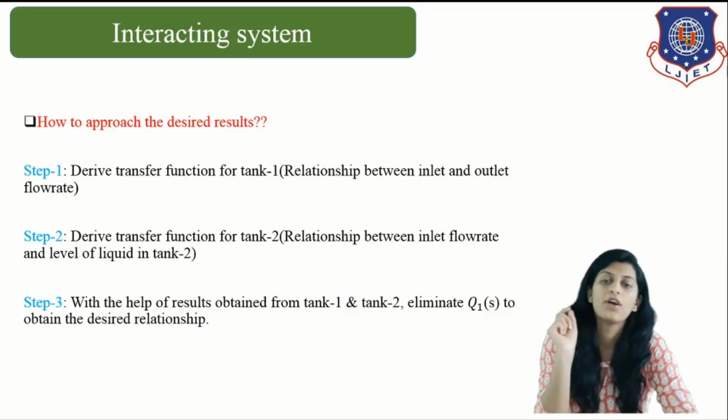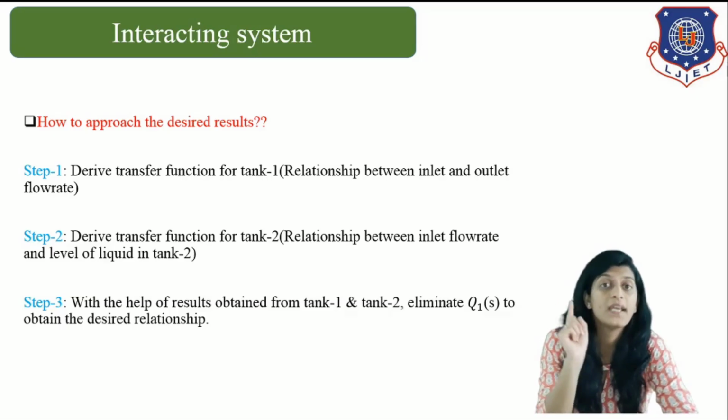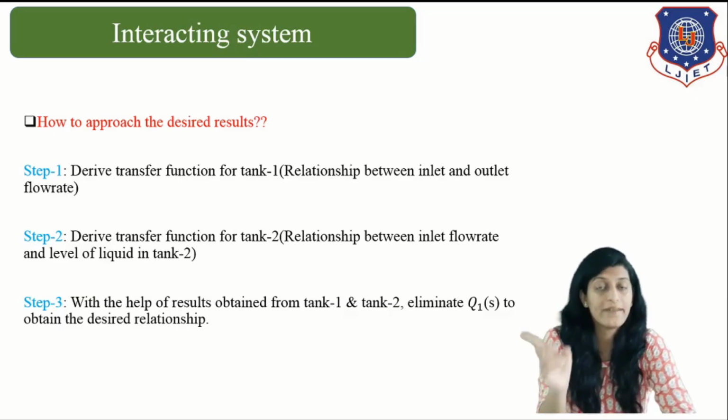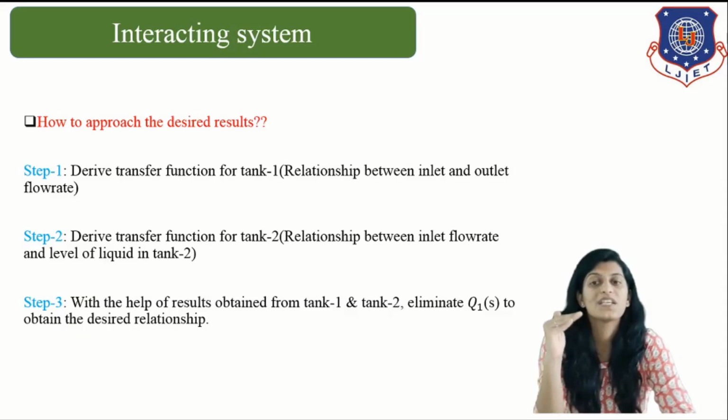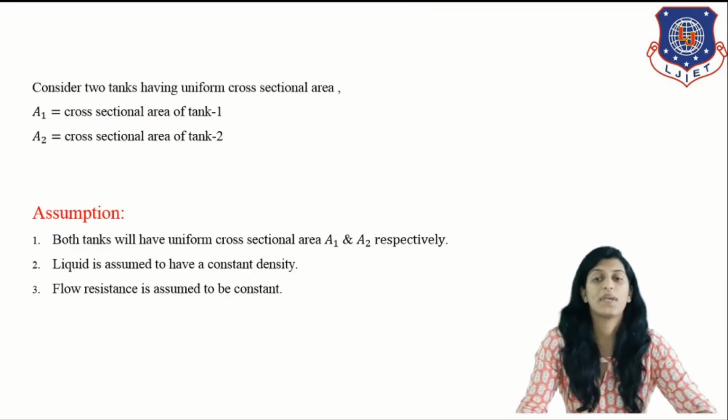In the second step, we will derive a transfer function for tank number 2, and that transfer function will be based on the relationship between inlet volumetric flow rate, that is Q1, and height of the liquid inside the tank, which is H2. So we will develop H2 by Q1 for tank number 2. Now, using both the transfer functions, we need to adopt the method of elimination to reach our final term, right. Let's just see how we can do that.